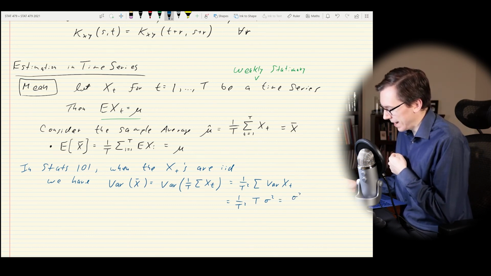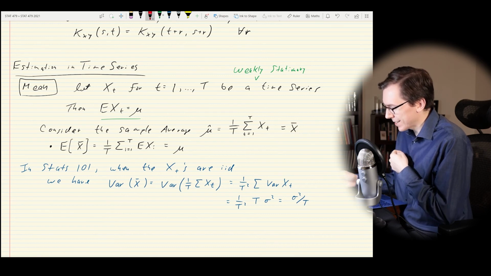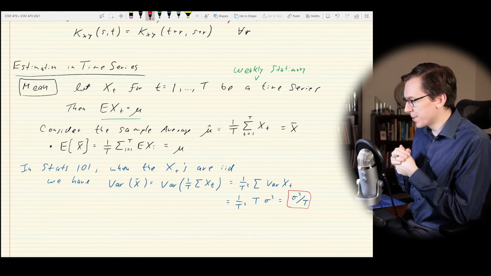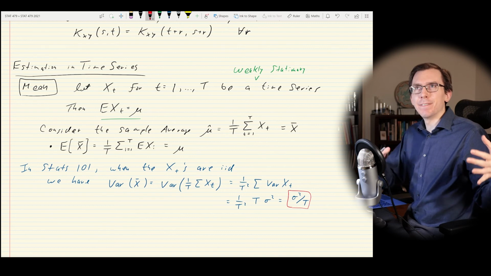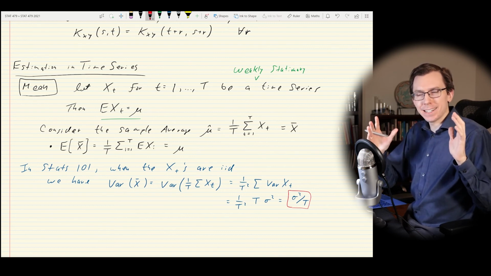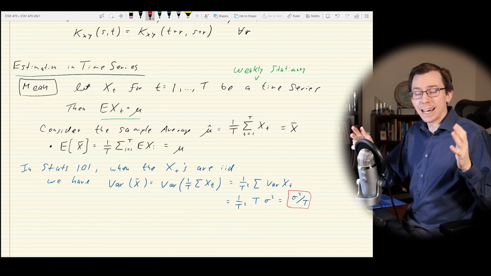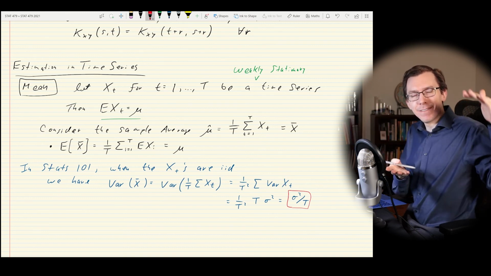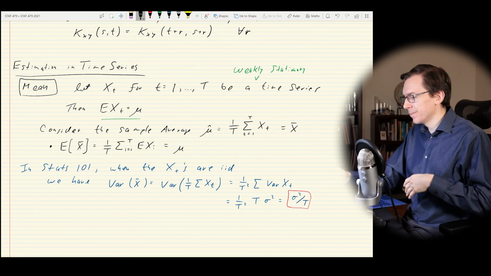And we find that we get sigma squared divided by T. So in classical stats, and if we do things like the central limit theorem or the law of large numbers, we know that the variance of the sample mean shrinks in terms of the sample size. So as the sample size, in this case capital T, gets bigger, the variance gets smaller.